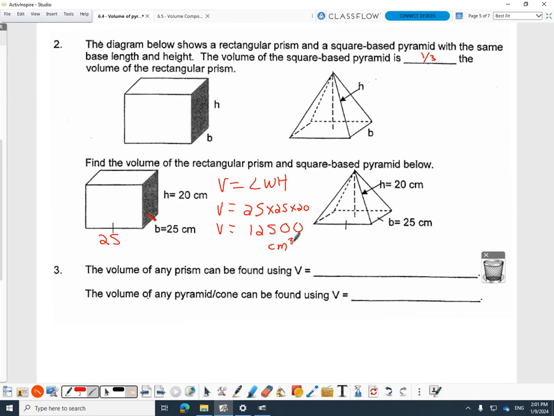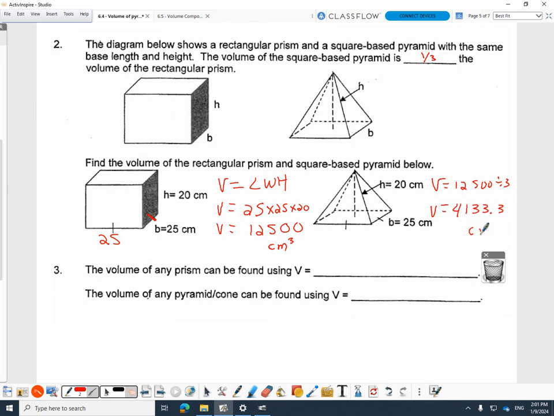But over here, I've got the exact same thing but a pyramid. What do you do when you have to do a pyramid? Not half. Close though. Third. So here you go, volume equals 12,500, but you divide it by 3. And I get 4133.3, I think.